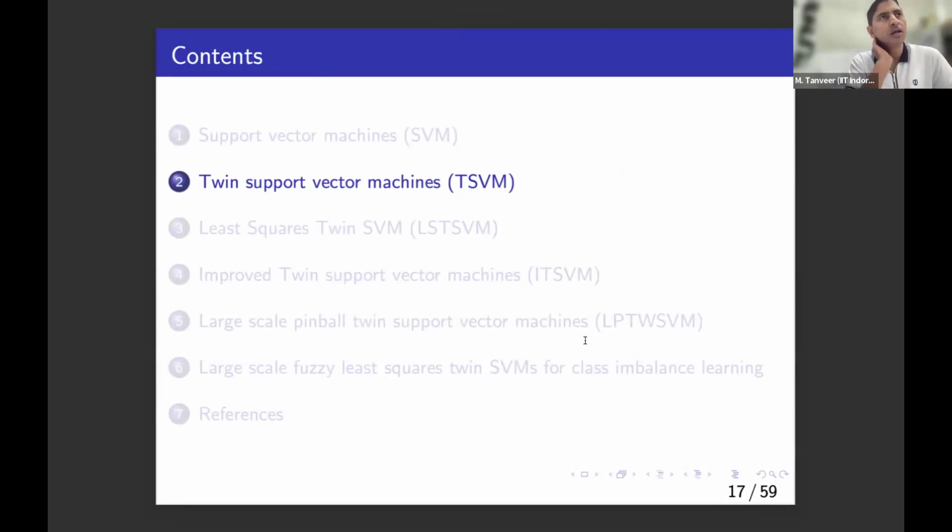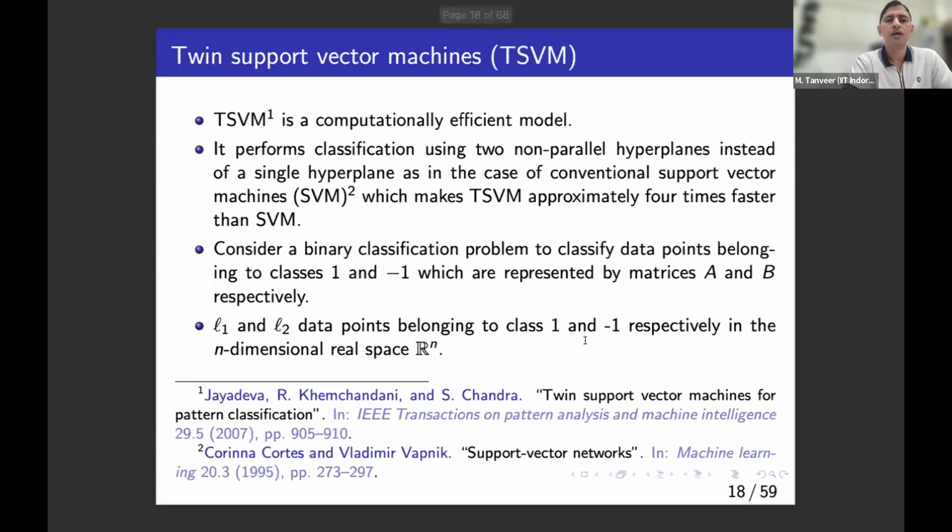And then a lot of work in this direction was developed by researchers, and in 2007, another concept came from Jayadeva and team, published in IEEE PAMI, called twin support vector machines.